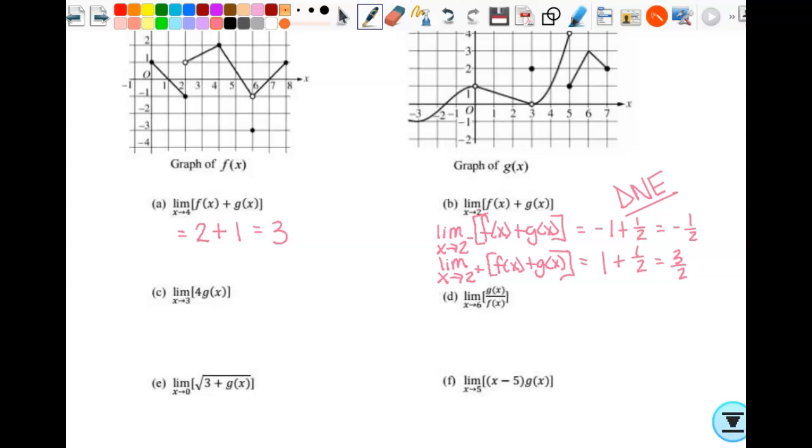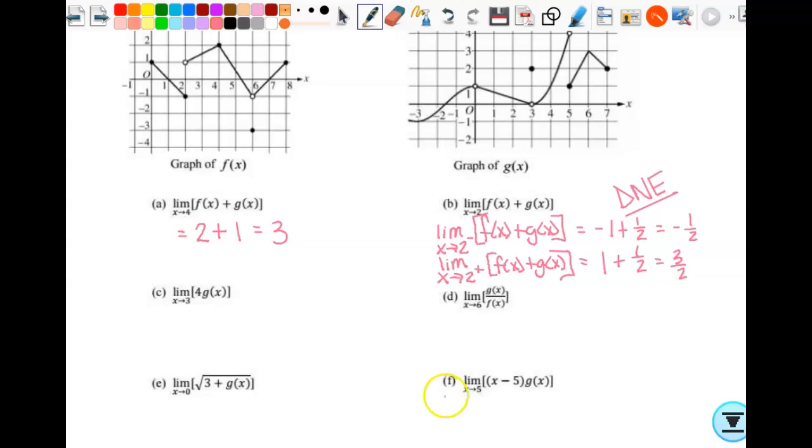Let's jump to letter F. Okay, we're going to come back and do the rest, but let's jump to F. So I have x minus 5 times g of x. To do this part, all I have to do is substitute in the 5, right? That exists. Does the limit as x approaches 5 of g of x exist? No. So we're going to have to do the same thing again.